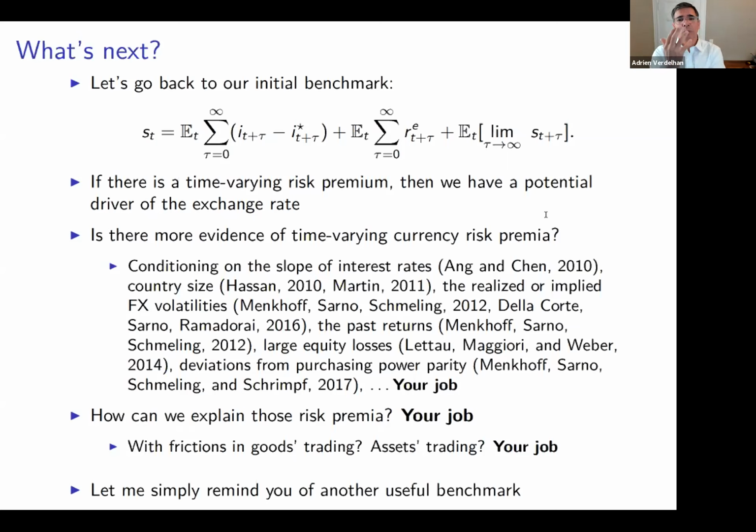And if you think about what kind of evidence we still need, there are still some opportunities here, because the more risk premium we find, the more potential mechanism we find in order to understand exchange rates. So if you think about the research in this field, there are still many people who are looking for other signs of risk premium and time varying risk premium. So that's a big part of the research that can be done in this field, of course.